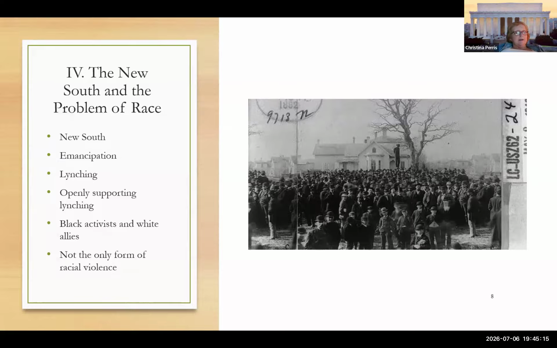So as we start looking at this, a New South seemed an obvious need. The Confederacy's failed insurrection wreaked havoc on the Southern economy and crippled Southern prestige.